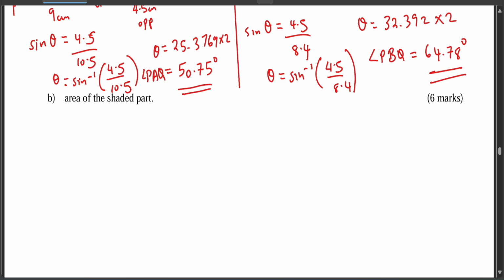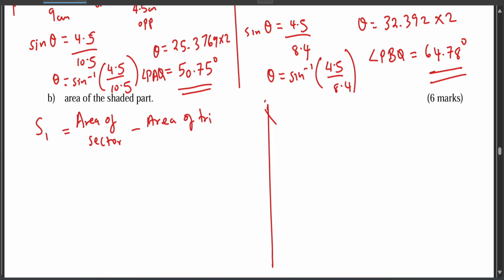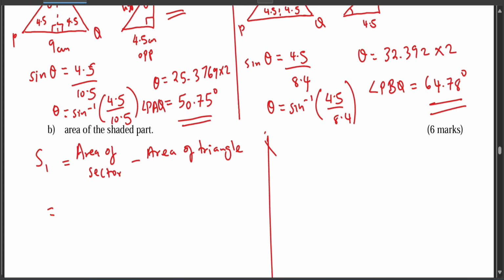So for the first segment, let me write segment 1. You just take area of the sector minus area of triangle. Okay, so area of that first sector, the first sector is the one that had a radius of 10.5, and its angle is 50.75.